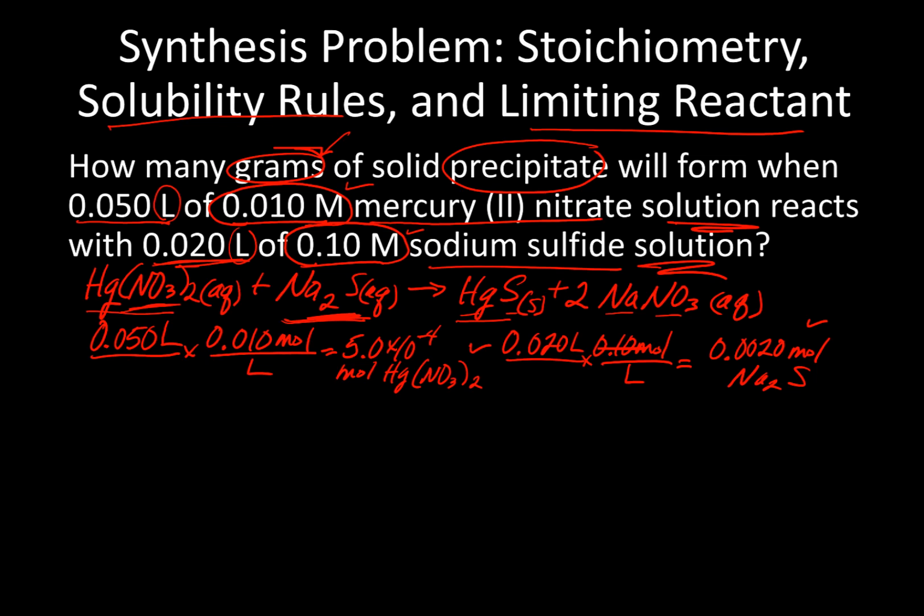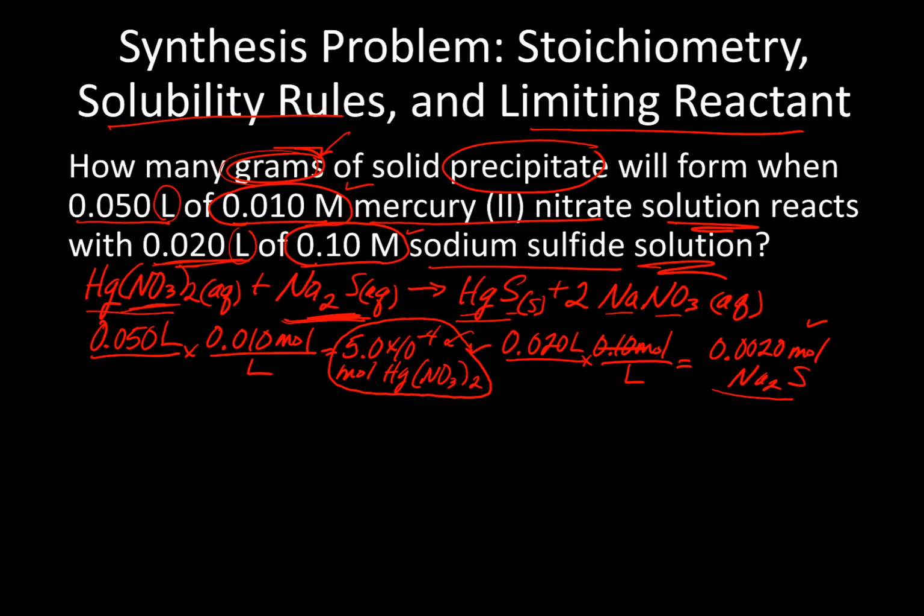Now that I've got moles of each, I can figure out what my limiting reactant is. I'm going to figure out limiting reactant in a little bit of a different way for this problem, just to show you another way to do this. What I could do is just say, okay, if I've got that many moles of mercury nitrate, how many grams of precipitate will form?